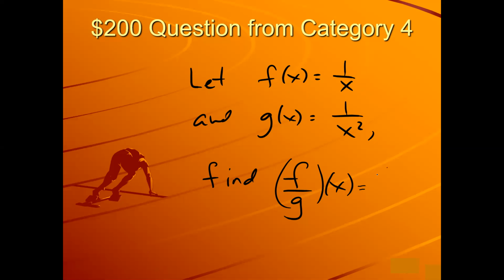This becomes f of x on top, g of x on the bottom, which becomes 1 over x, the f function, over 1 over x squared, the g function. Then we change a division problem into a multiplication problem. Do you guys know how to do that? Flip it, absolutely. So the top function stays exactly the same, 1 over x, multiplied by the reciprocal of the bottom function.